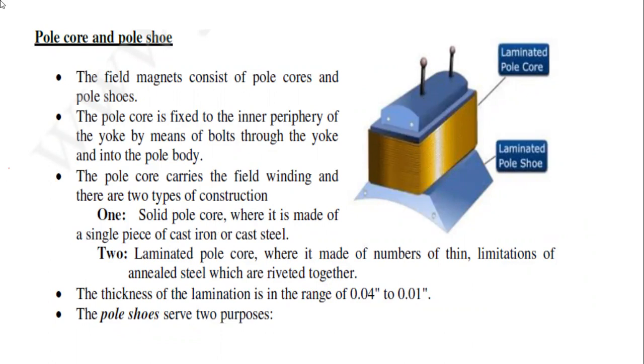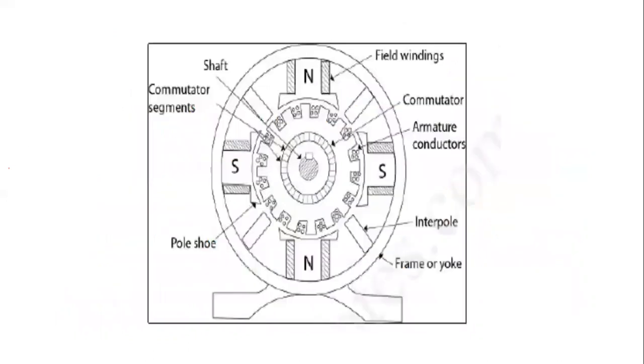The field winding is placed on the pole core. The pole core is made up of cast iron or cast steel. This pole core gives the support for the field winding and the pole shoe gives the support for the pole core. This is the second part of a DC machine.